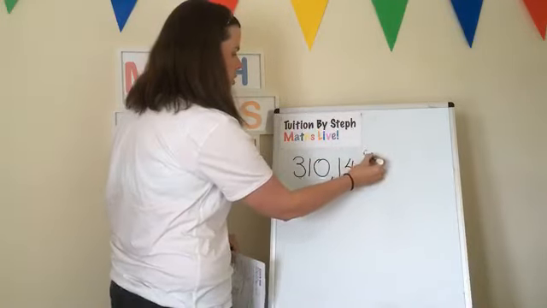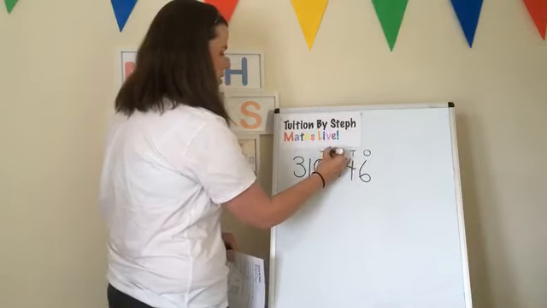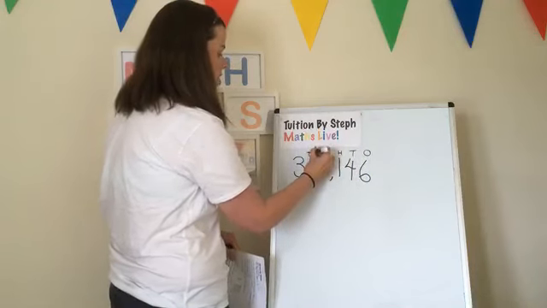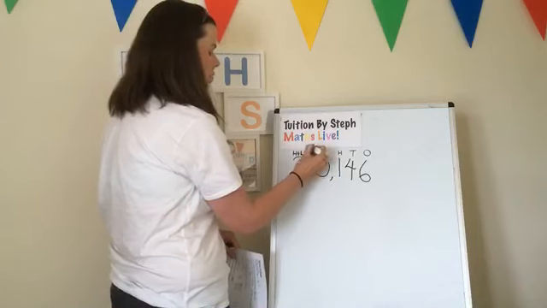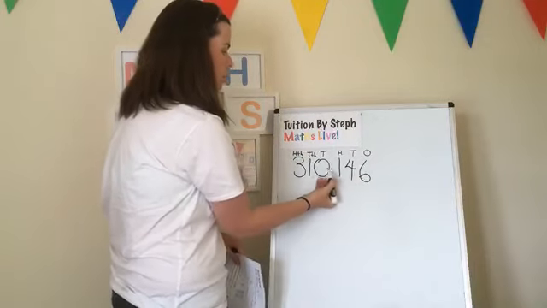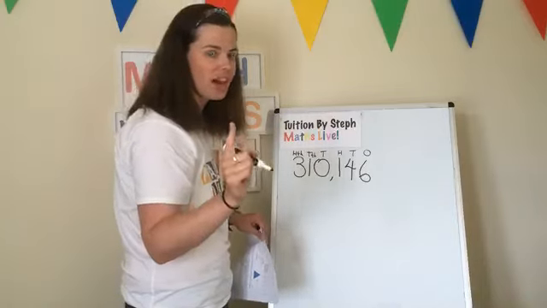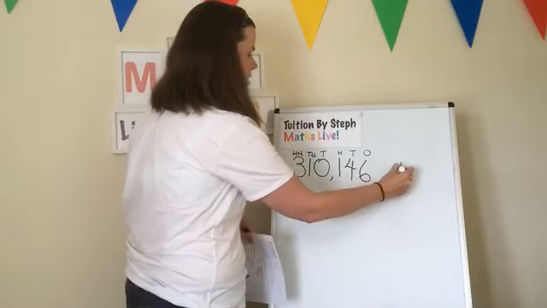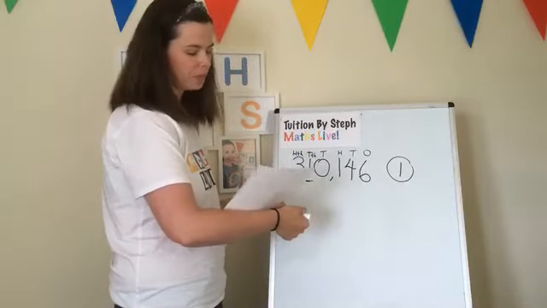This is the ones, this is the tens, this is the hundreds, this is the thousands, this is the 10,000s, and this is the 100,000s. If you're not sure, rather than just guessing, work backwards systematically. We want the 10,000s, not the thousands, which means it is the one. You should have circled this one.